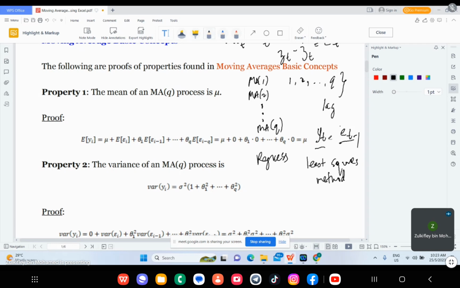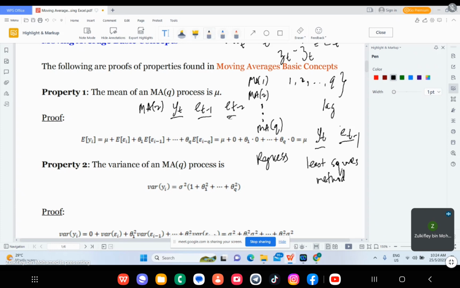That is for MA1. Kalau MA2, maknanya kita regresskan YT bersamaan dengan epsilon T minus 1 and epsilon T minus 2. Maksudnya kita akan mendapat multiple regression.